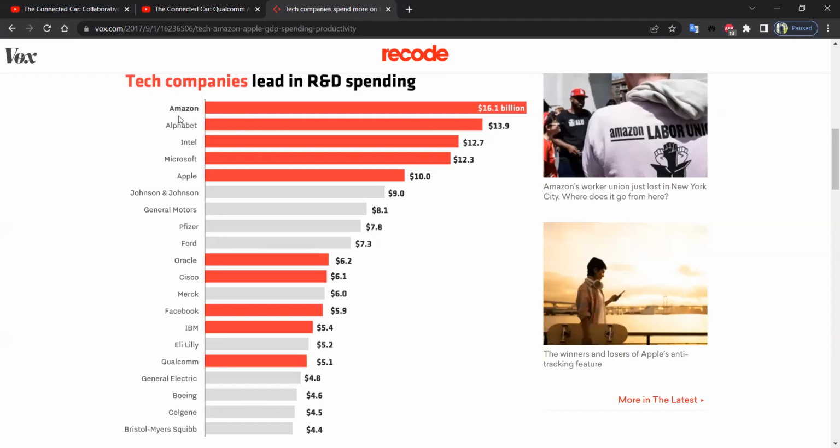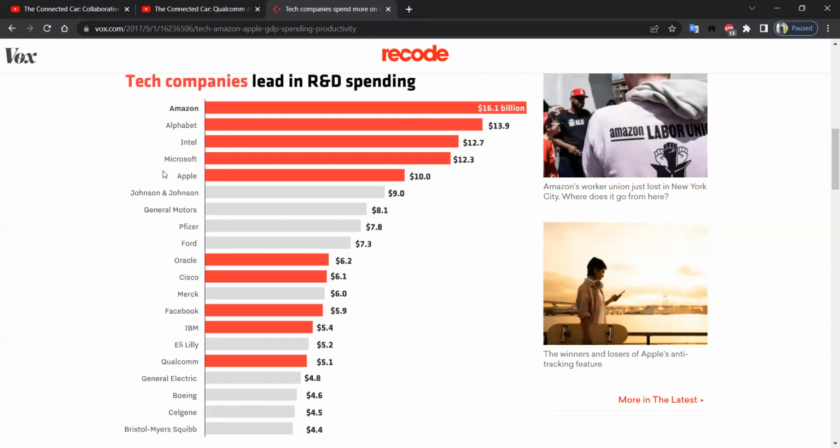So you will see we have Amazon. They have the biggest spending in terms of research and development. Di ba? Then followed by Alphabet, which is the subsidiary of Google. So Alphabet belongs to Google.